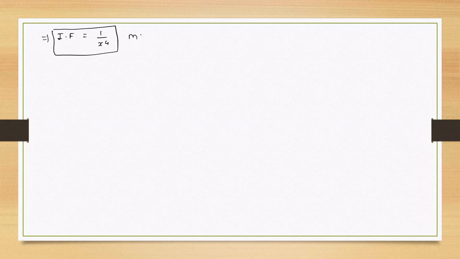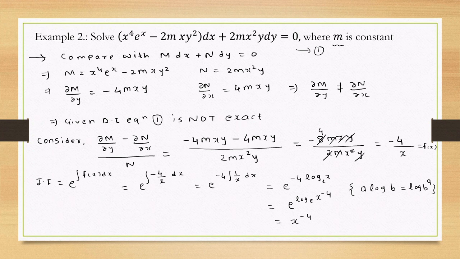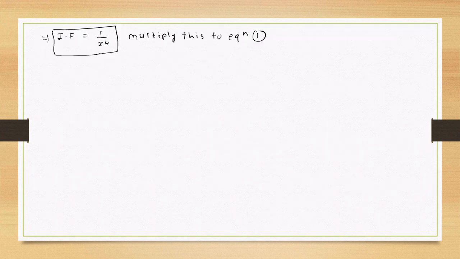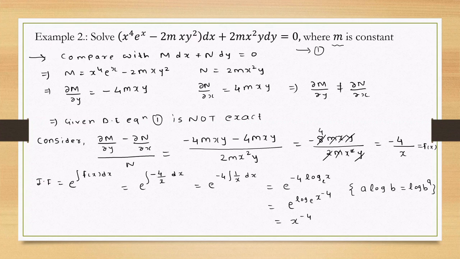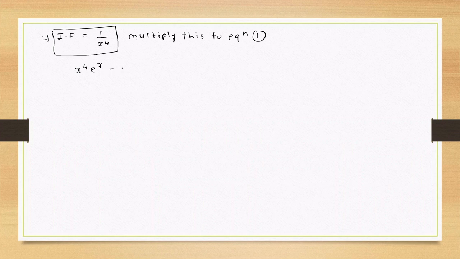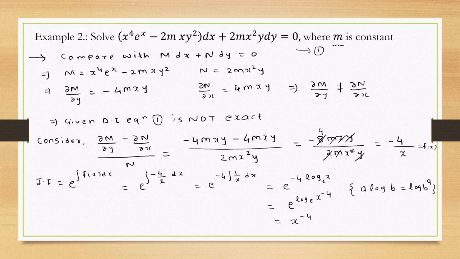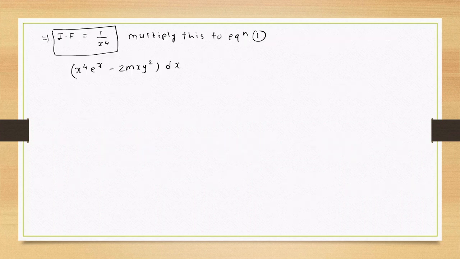Now multiply this to equation number 1, right? What is equation number 1 here? x raised to 4 e raised to x minus 2xy square dx plus 2x square y dy, right?